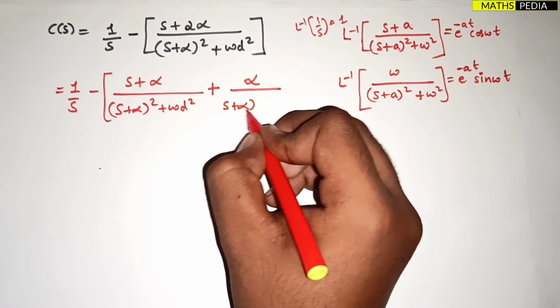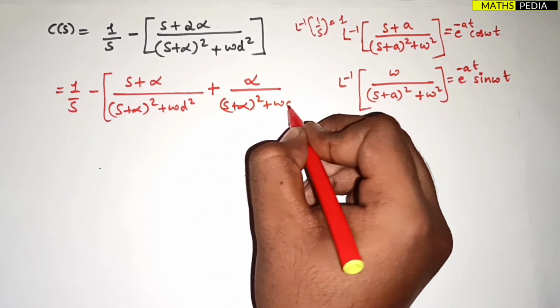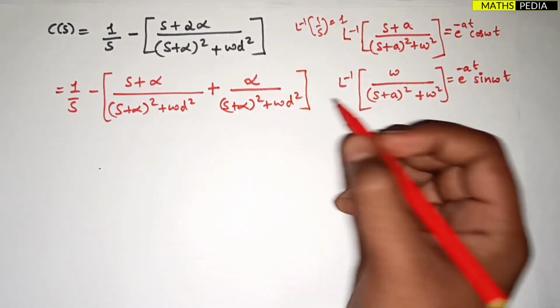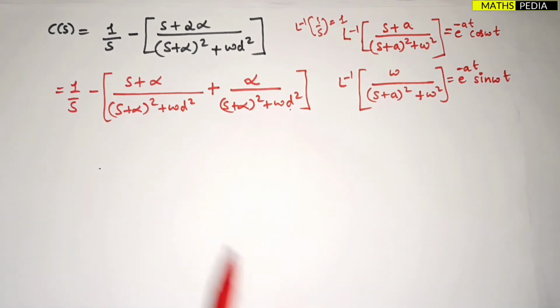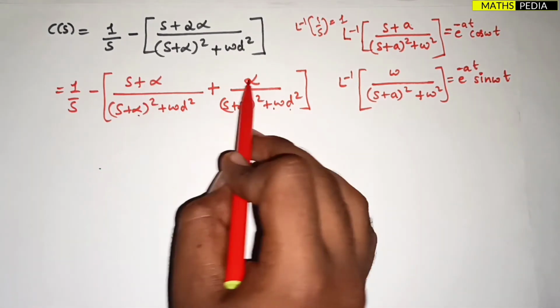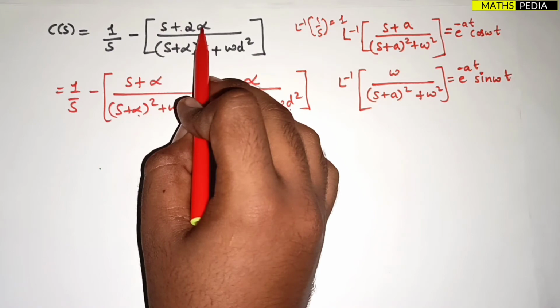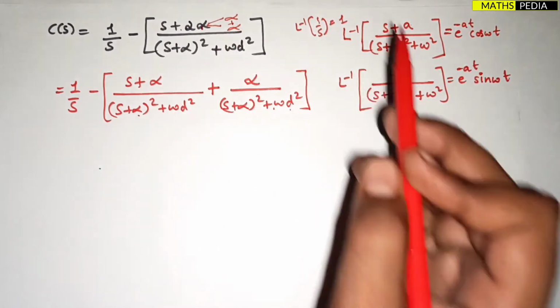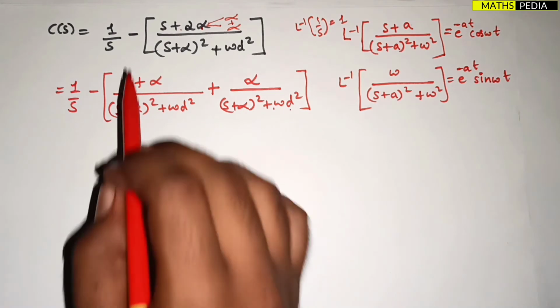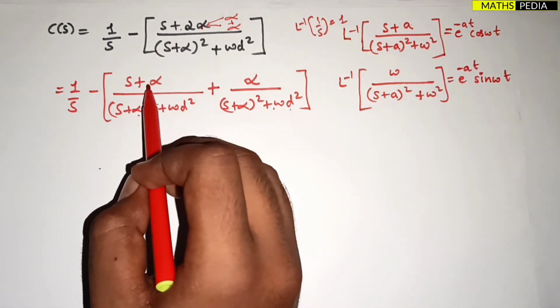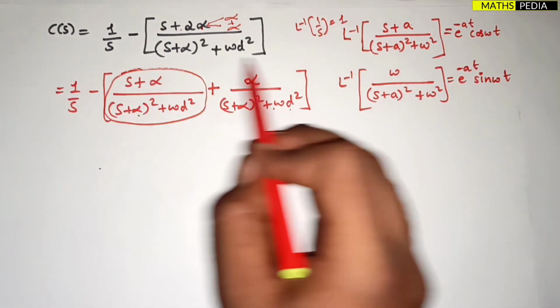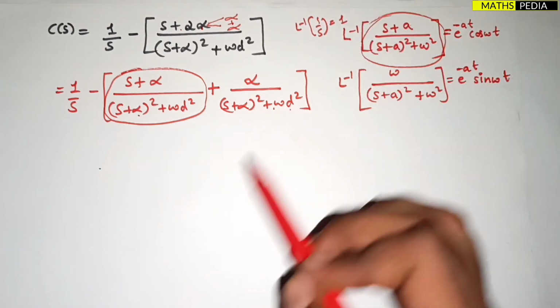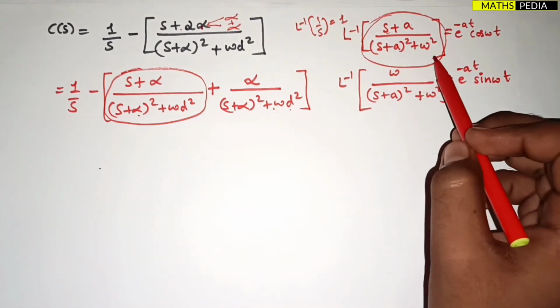It's the same equation I am splitting up. That means s plus 2 alpha is there, 2 alpha I am splitting to alpha plus alpha, that's it. Now after splitting, if you see this equation, it directly matches with this s plus a formula.